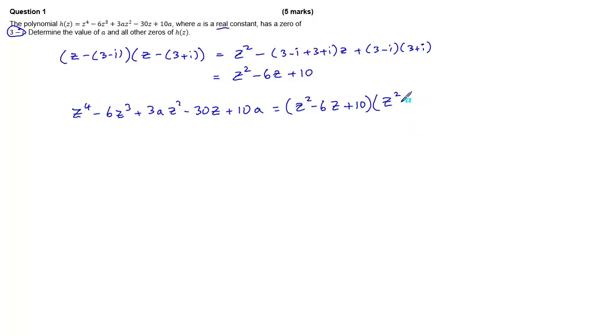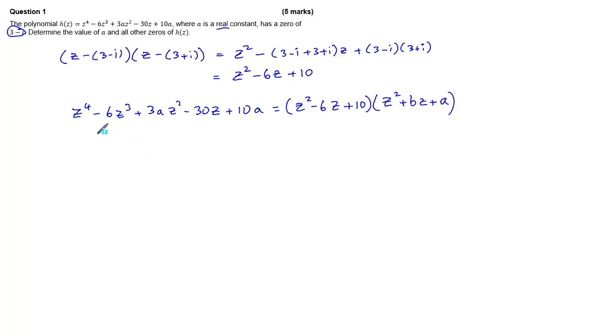Z squared, let's say that's bz, and this is 10, this is a, so that must be plus a on the end here. So that gives us a constant term of 10a.